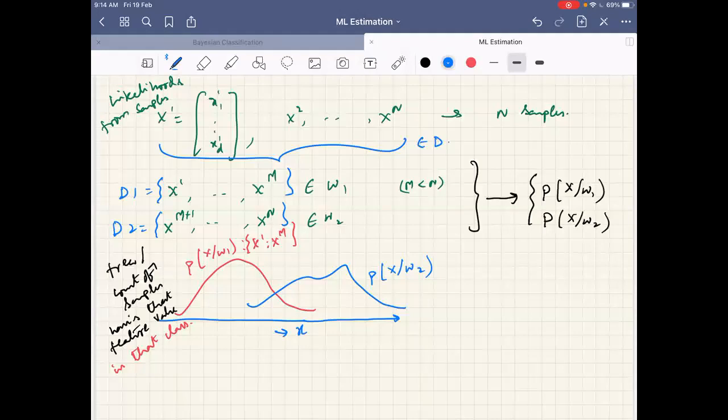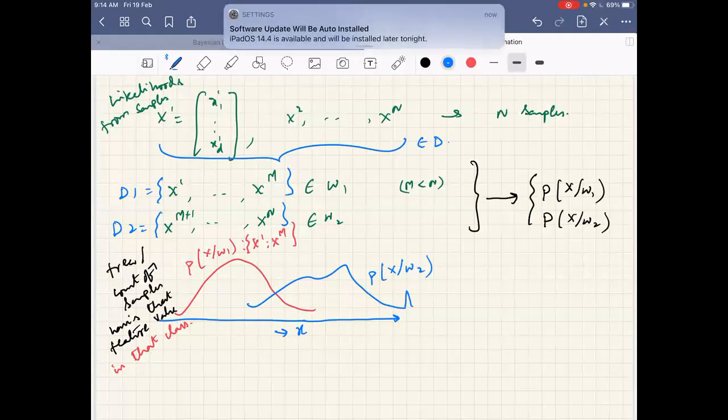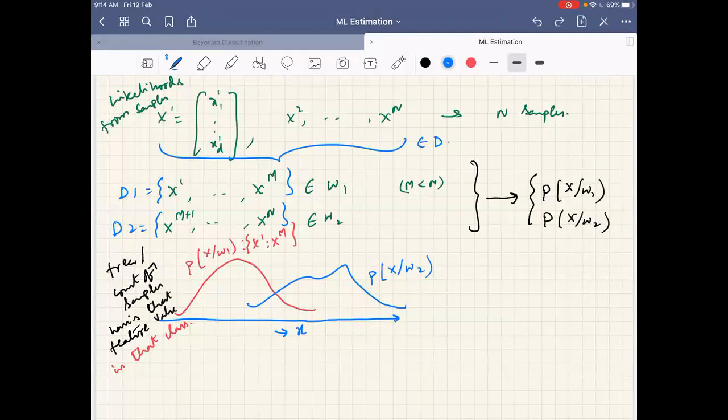If I take it like this, there may be some spurious measurements where I may have a peak here. But this peak is not a real peak, or I may have a peak even here. In the density, this is because of measurement errors.